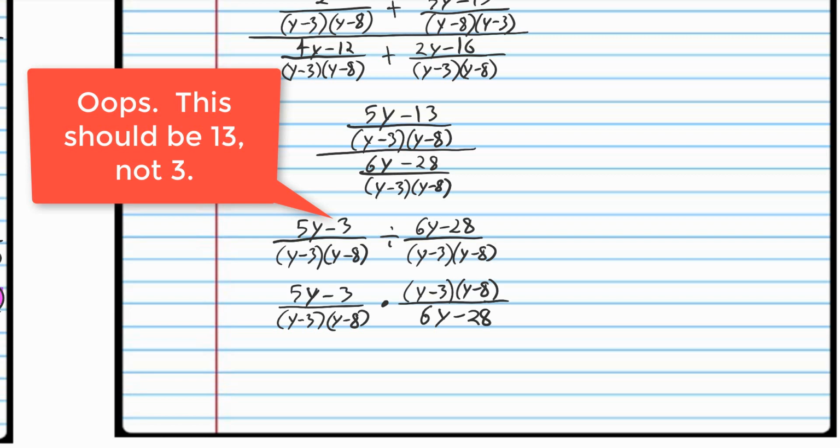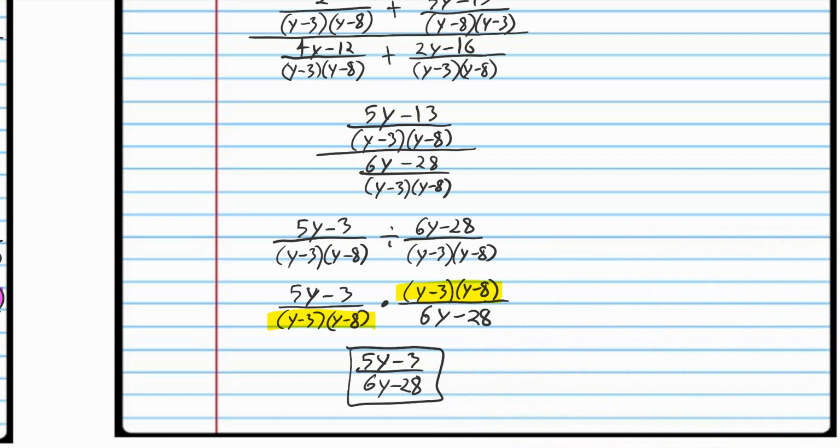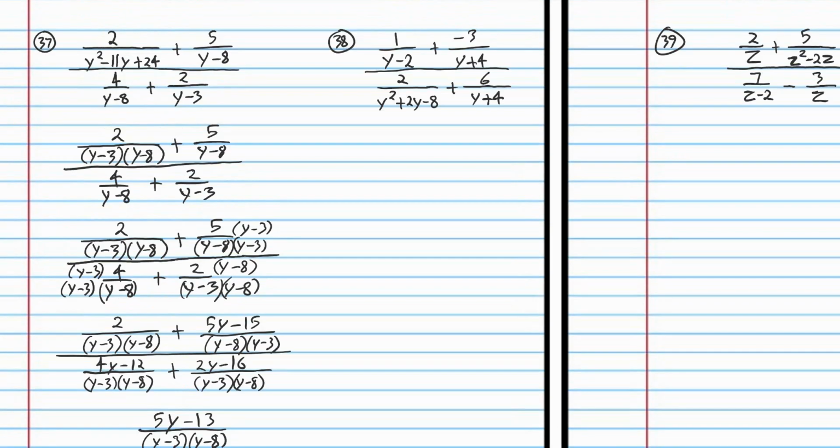All right, so we can cancel out. Anything on the top and the bottom can be canceled out, and 5y minus 3 times 1 is 5y minus 3, and 6y minus 28 times 1 is 6y minus 28, obviously. Again, the highlighted portions are just 1. All right, so if you got that answer, good job.